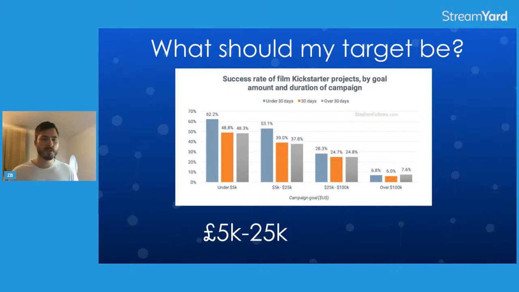Then you're most likely not going to get that funding for a crowdfunding campaign, because you need that excitement, you need that energy. So you're going to want to increase that target. On the other hand, if you're starting to get to a really, really high target, it's going to be really, really difficult to get that through. So you want to find that sweet spot in the middle, where it's achievable but really exciting at the same time.